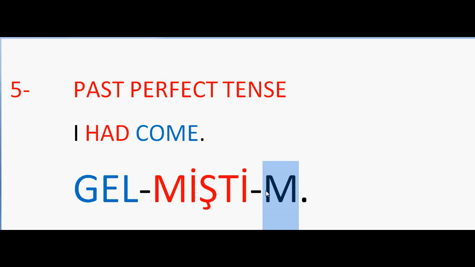So what we understand here is very clear. We use the base form all the time, first step. After that the suffix of the tense, and finally who is doing this action, which is the suffix of the personal pronoun.